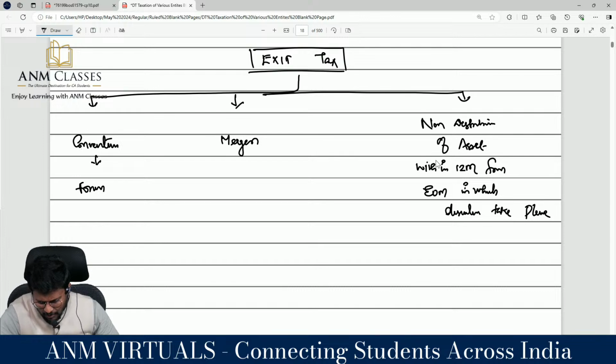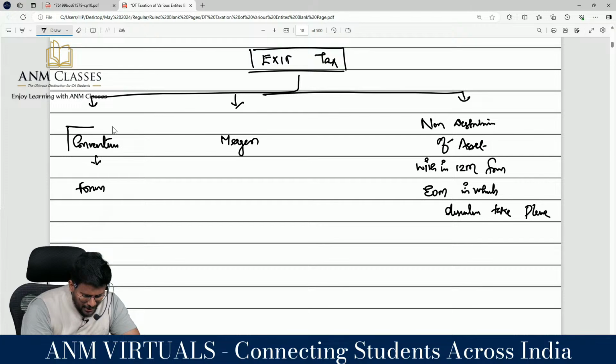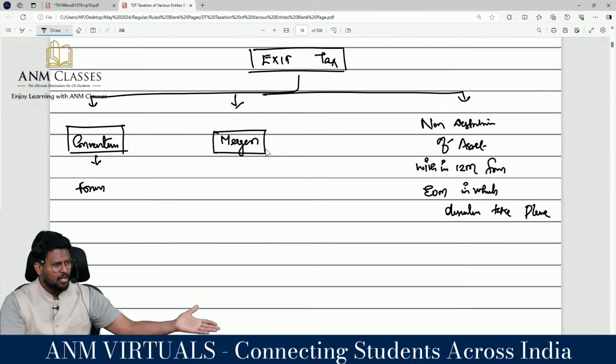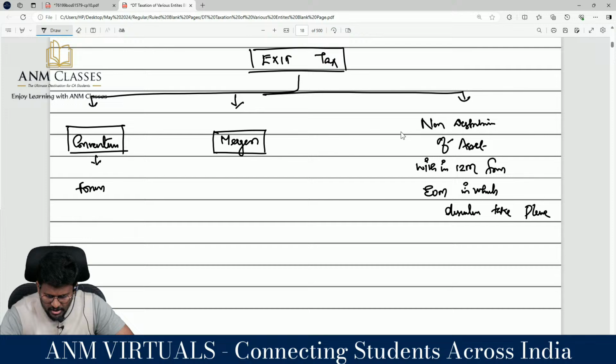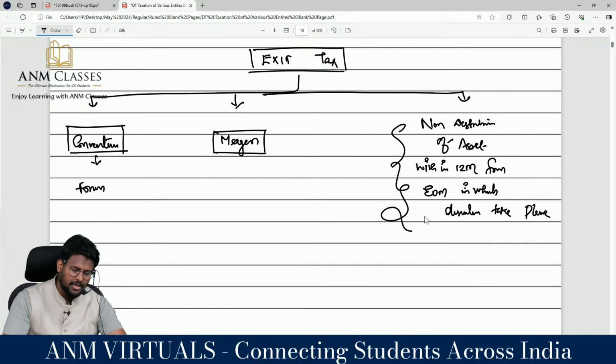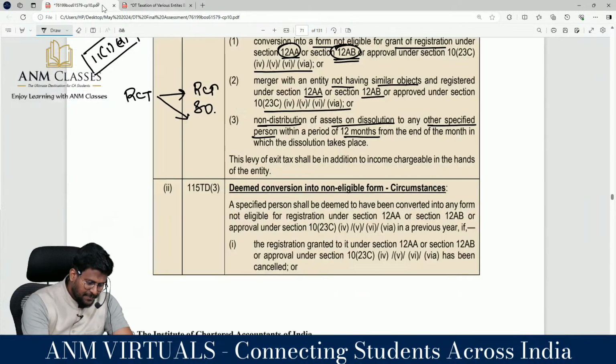That means, my dear lovable students, what is the mistake you have done? You have converted the charitable trust into a form which is not entitled for registration under 11, 12, 10(23C) series organization. You have merged with another charitable trust having a different object, or with another person who has not registered under 12AA or 10(23C) series organization, or non-distribution of asset within 12 months from the end of the month in which dissolution took place. These three mistakes.